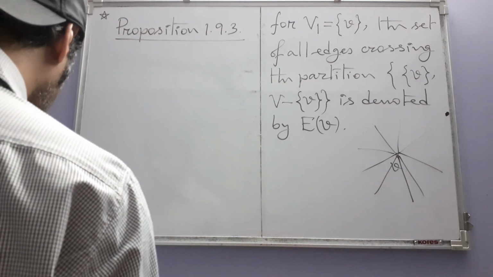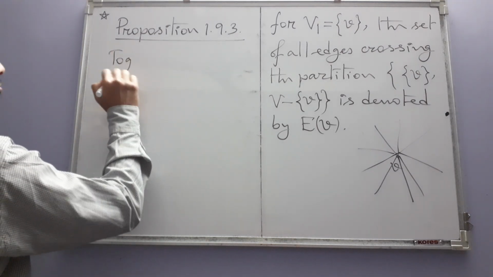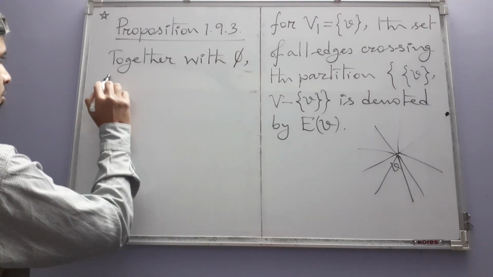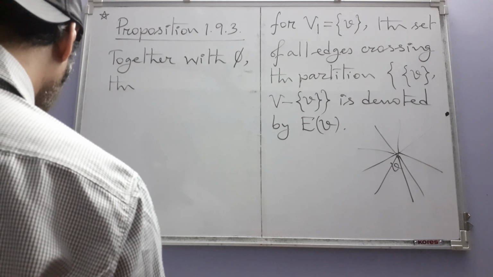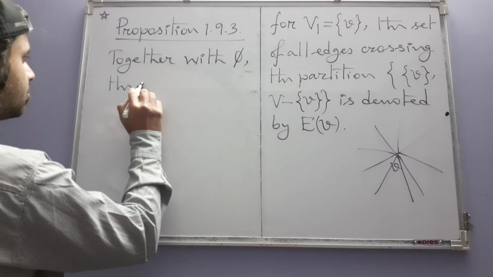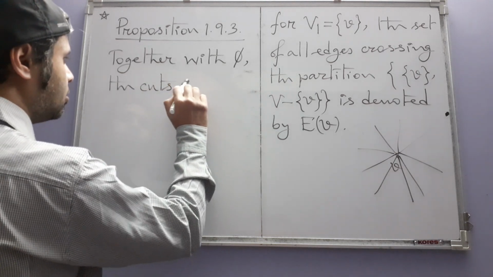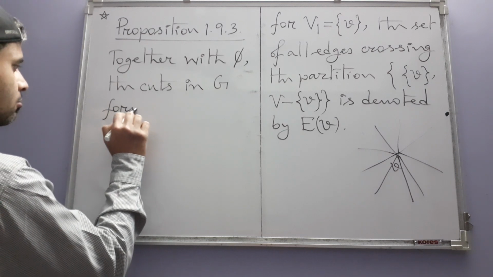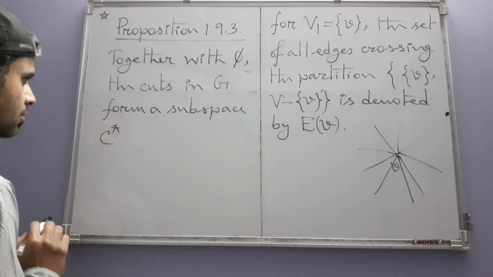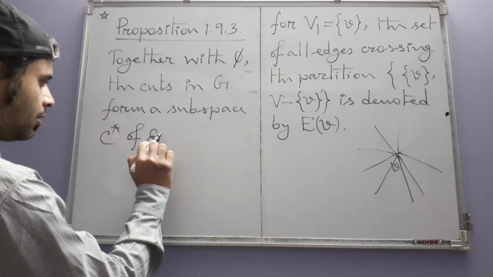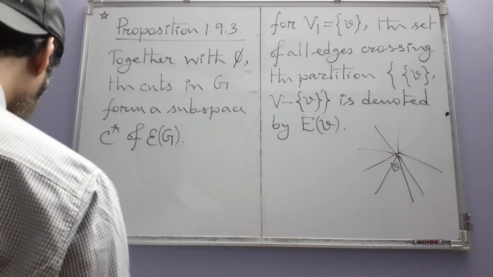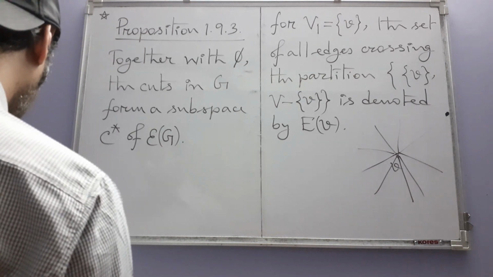The statement is this: together with the empty set, the cuts in G form a subspace, which we denote by C star, of the edge space of G. So that is one thing we are claiming in this proposition, and there is something else also. This subspace is generated by cuts of the form E(v).